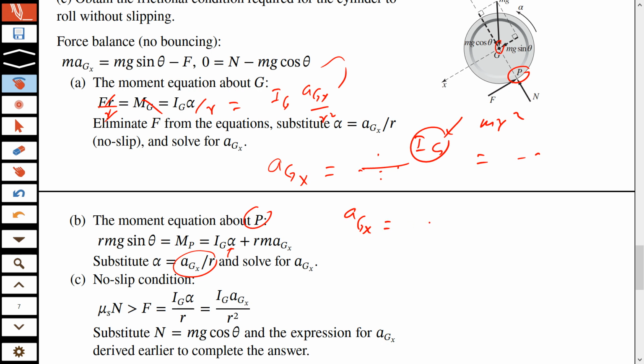Agx will be equal to r mg sine theta divided by Ig divided by r plus rm.